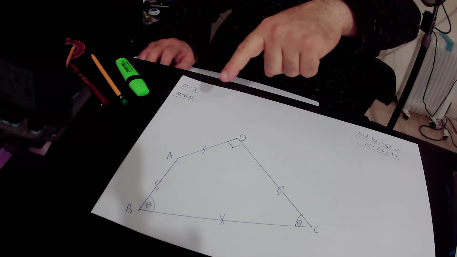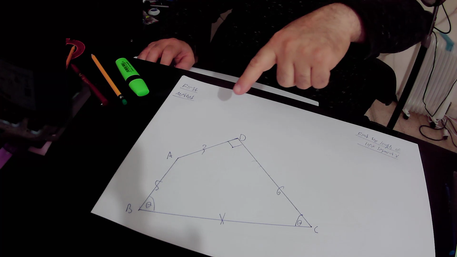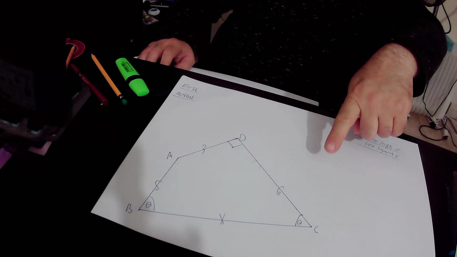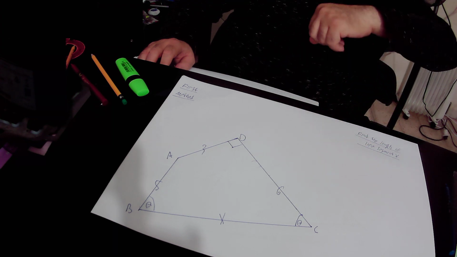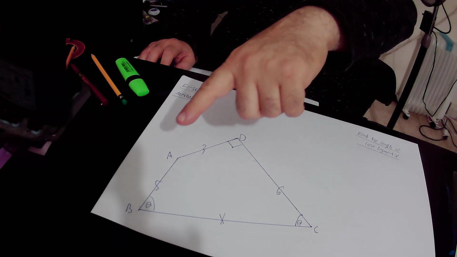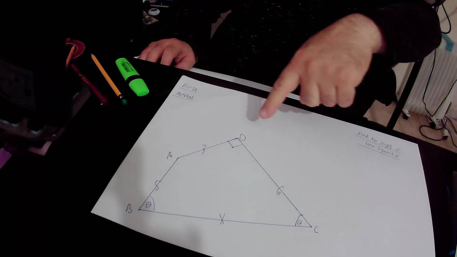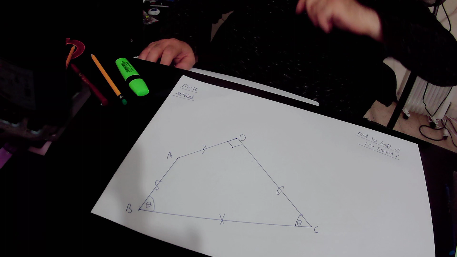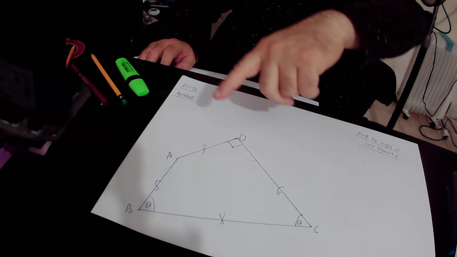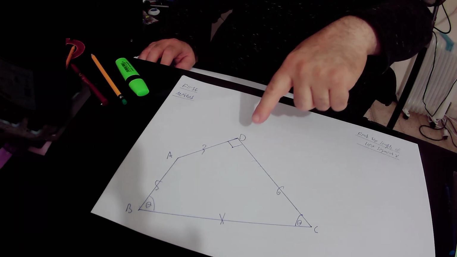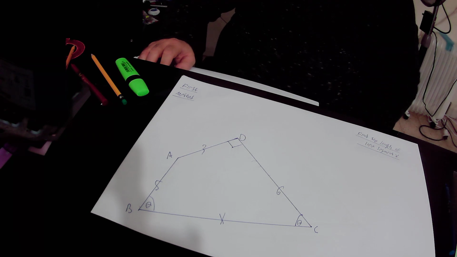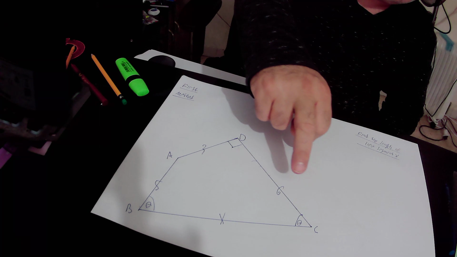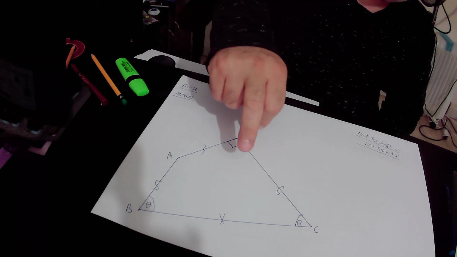We know that side AD equals 3 units, side AB equals 5 units, side DC equals 6 units, angle ABC equals angle DCB, and they are both equal to theta. Angle ADC equals 90 degrees, and we want to find the length of side BC, which is actually equal to X.